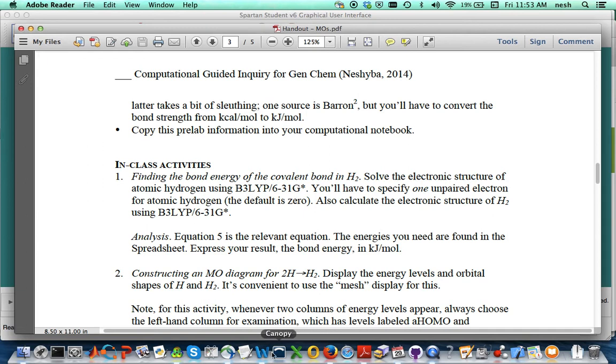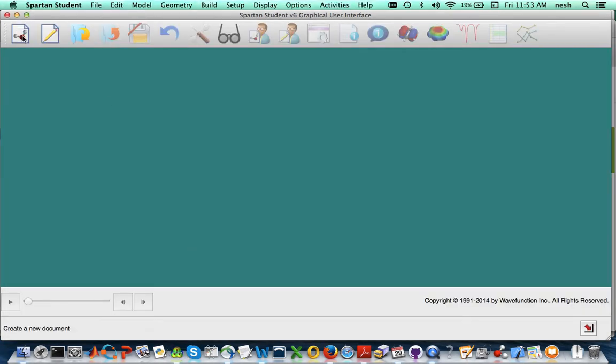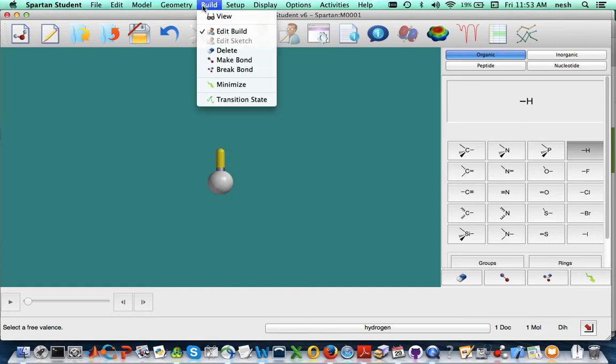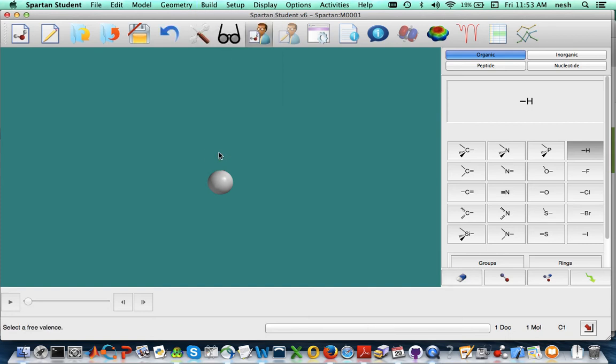And so let me just go over to Spartan here. And how are you going to do that? You're going to take a hydrogen, and I've already selected there, and there's hydrogen. Now in this case, because I don't want H2 and this default to another one, I have to go to this delete icon here, and now I've got a single hydrogen atom.